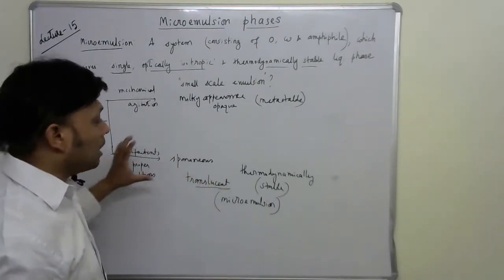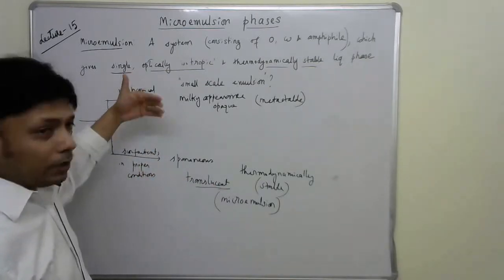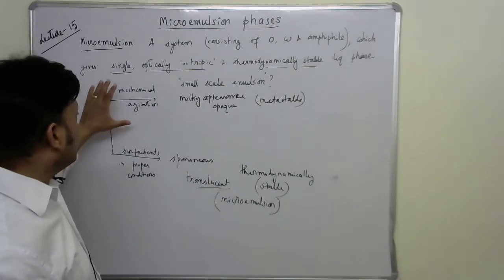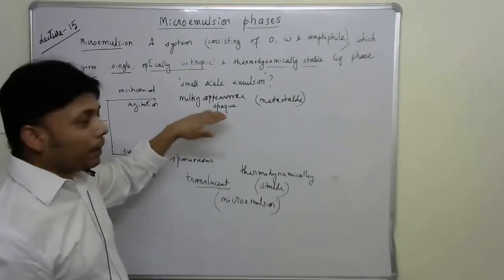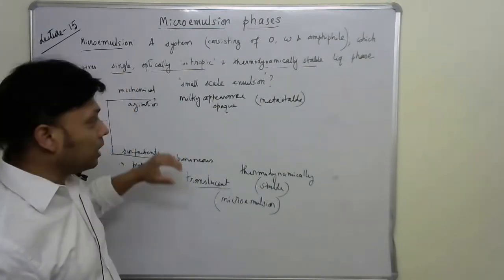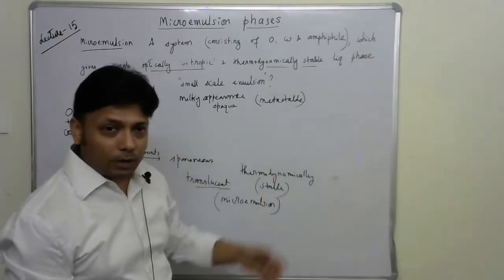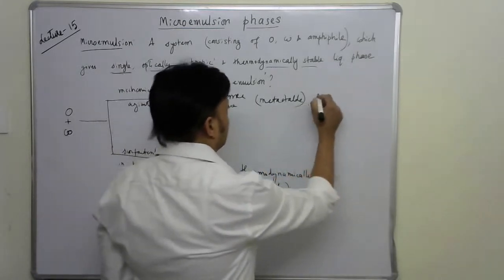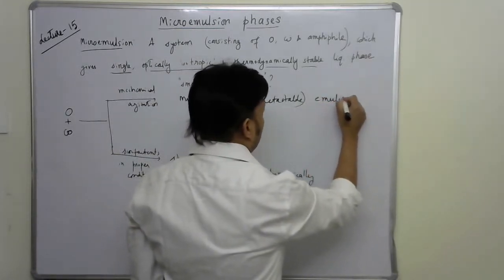We don't need mechanical stirring. On the other hand, the other phase is also single phase, but it needs mechanical agitation, and it has a milky or opaque appearance, and it is metastable. The moment we stop mechanical agitation, it becomes phase separated. Ideally that metastable phase is also called emulsion.